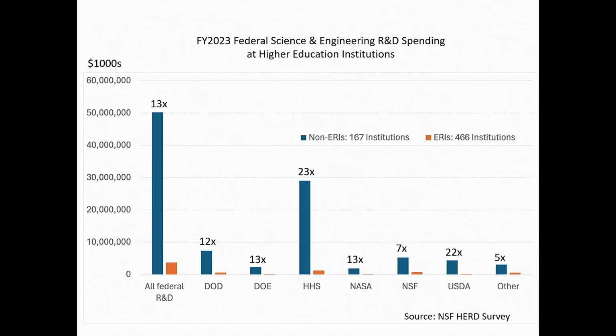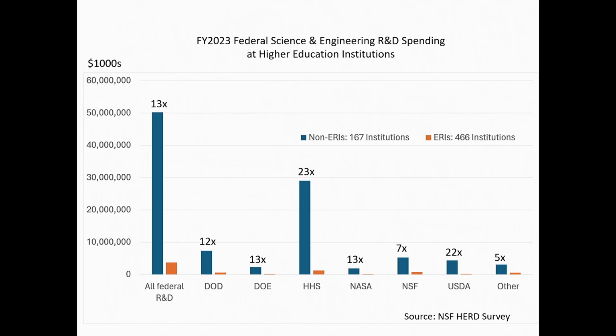So let me show you this data here real quick. I went through the latest NSF data, and you can plot the 167 research institutions that are not emerging research institutions, so their federal research portfolio is $50 million or more. They received 13 times more federal research money than all of the emerging research institutions combined.